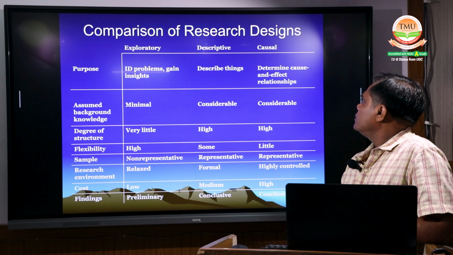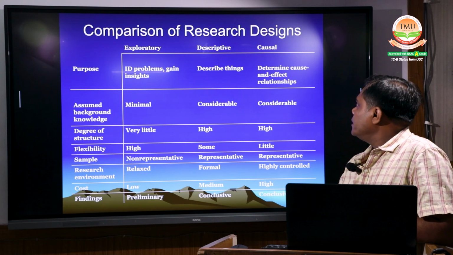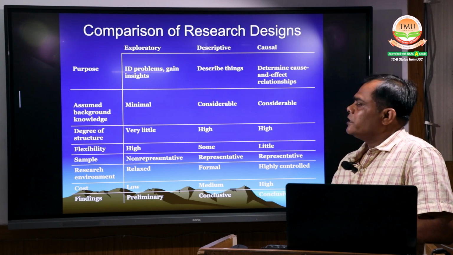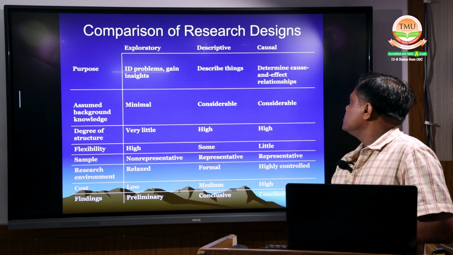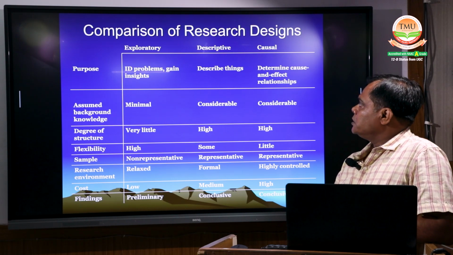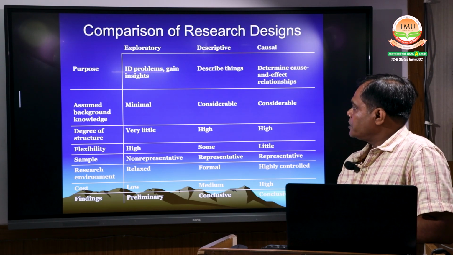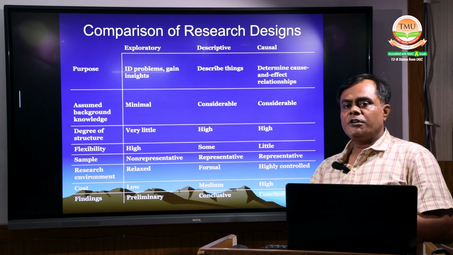So we can say that, on the basis of all these things, the higher standard is given by causal research, but it involves very high time and cost considerations. On the other hand, exploratory research we can do in a very short period of time with less involvement of resources.